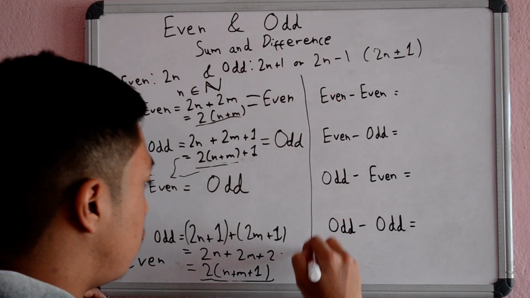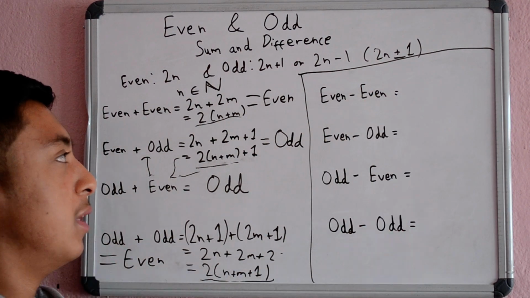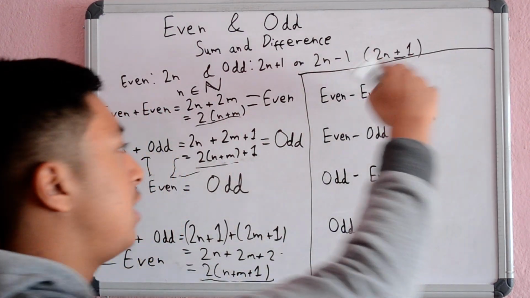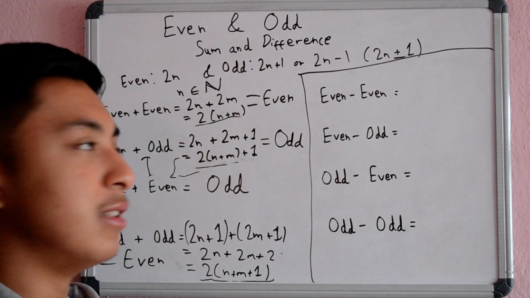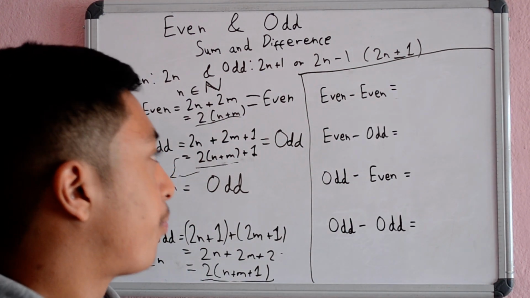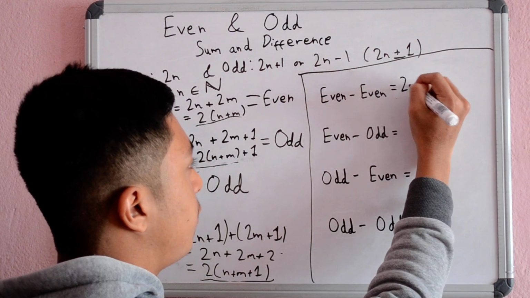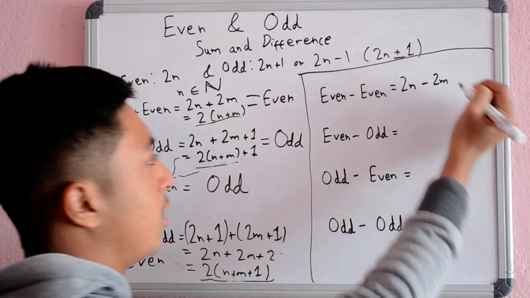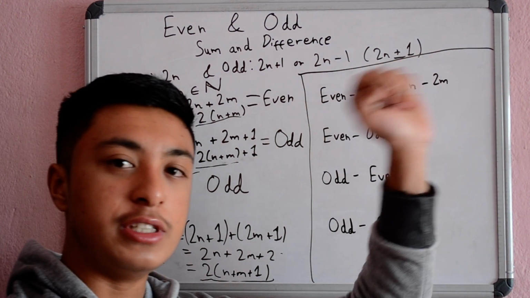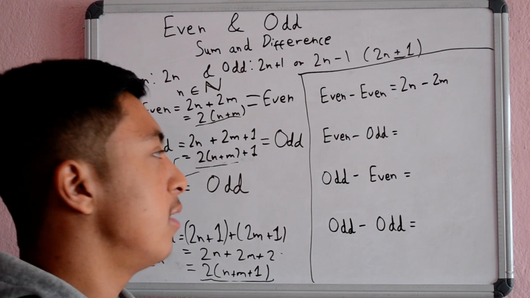Now let's move on to differences. So even minus even. In such cases you can have the chance of getting 0 when they're the same number, but let's take them as different numbers. So you will have 2n minus 2m. If n equals m, obviously you get 0, which is neither even nor odd, I think.